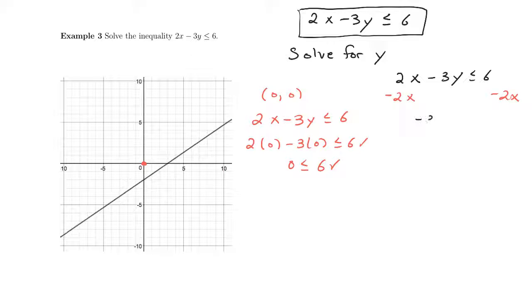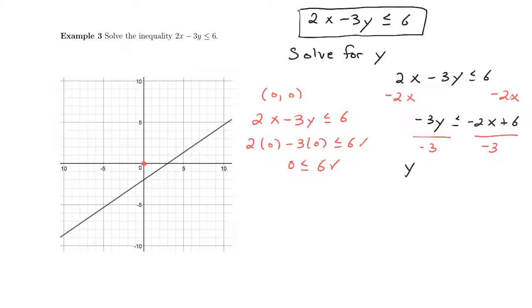And I get -3y is less than or equal to -2x plus 6. And now I guess I'll divide both sides by -3. And since I'm dividing by a negative, I know that changes the direction of the inequality.